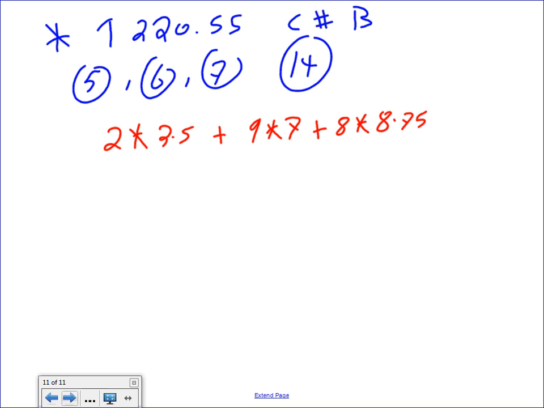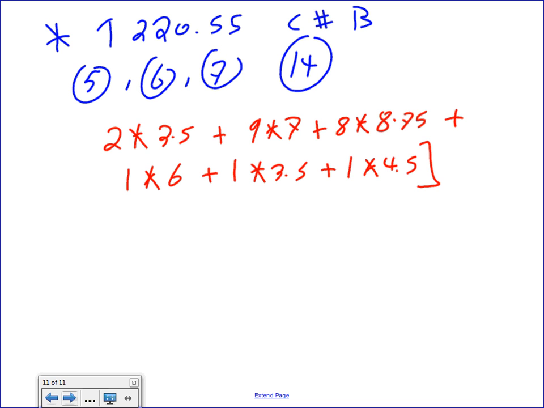Are you guys with me? Plus, keep plussing. We're going to go all the way to the 14. For the 14, I only have one of the 14. So I have 1 times 6 plus 1 times 3.5 plus 1 times 4.5.